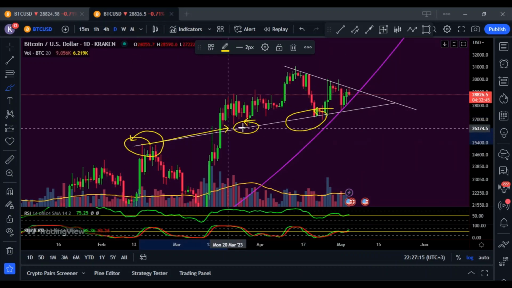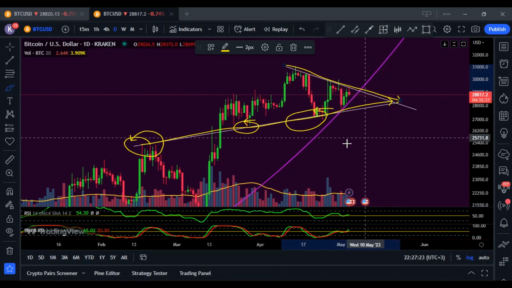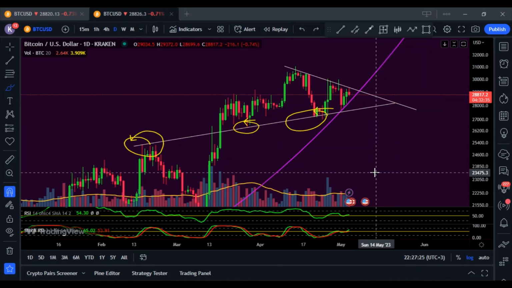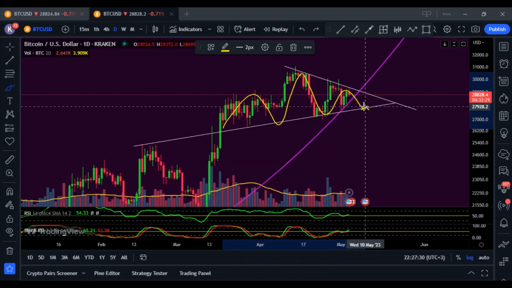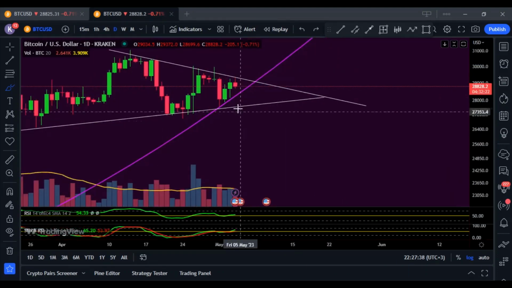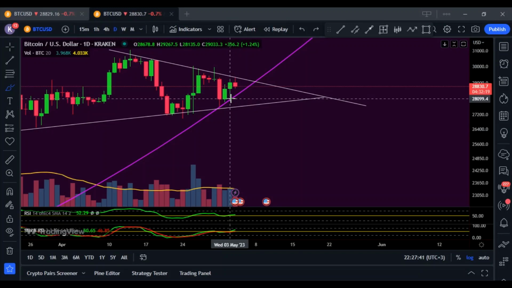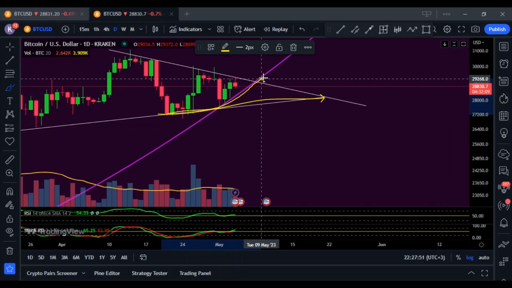So this line here is definitely acting as support for us, and this line here is acting as a resistance, and we're having this beautiful triangle. So we're trading in between this triangle, and again we have this curve here as a support, which if we went into that, just like yesterday, it will support us, and here should support us. So technically this triangle would go with us all the way till here, but this curve will intercept and come alongside here.